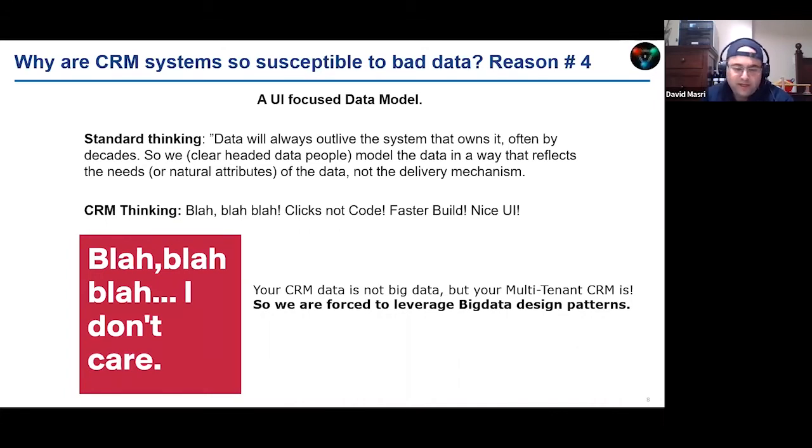You have one person who's designing the data model, and someone else who's building the UI. And if the person building the UI went to the DBA, the database administrator, and said, hey, can you change your data model so that it makes it easier for me to build my UI? The DBA would basically kick them out of the room, right?